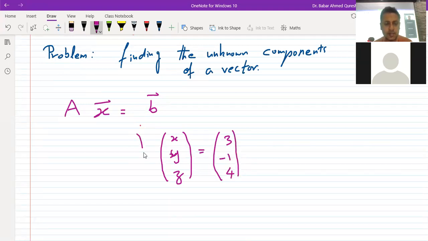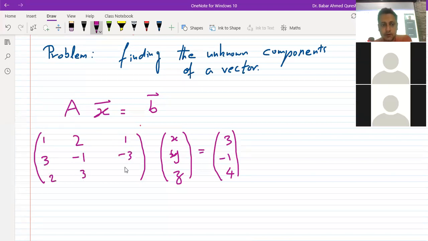And I'm just going to split it open. I'm going to write a matrix over here. And the only matrix I have at hand is the matrix of coefficients: 1, 2, 1, 3 minus 1, minus 3, 2, 3, 1.